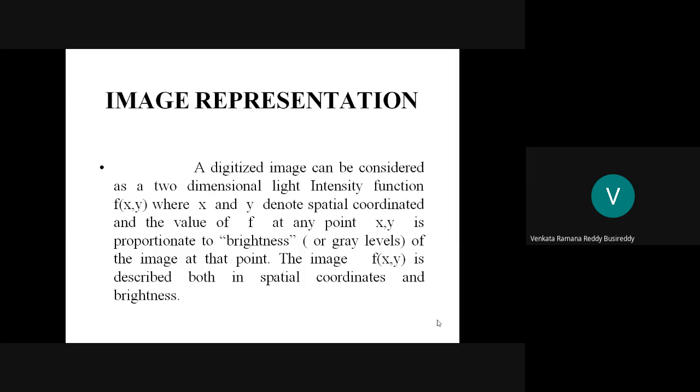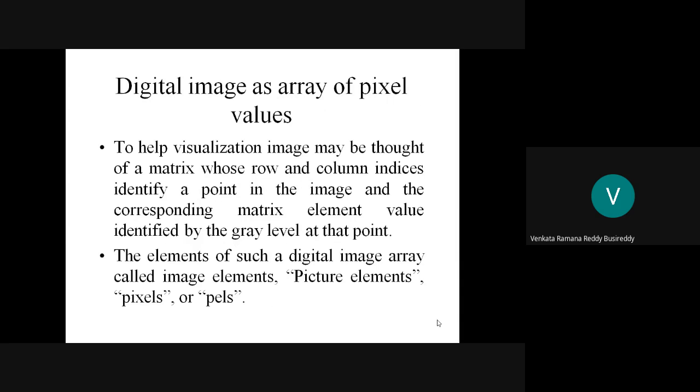So ultimately, we describe this in spatial coordinates and its brightness value. So each and every point in that two-dimensional array, in our digital image technology, we call a pixel or PEL or picture element.